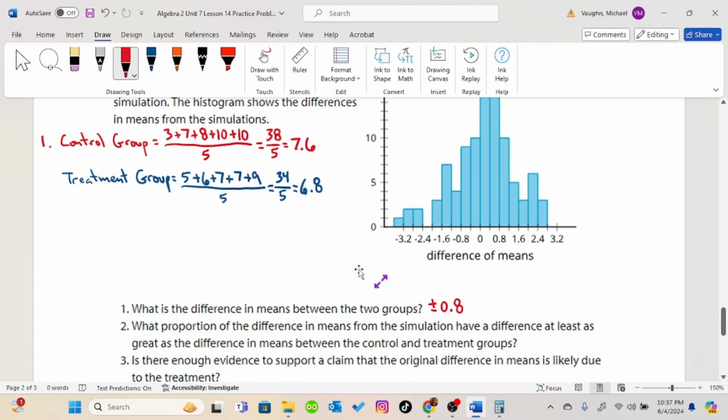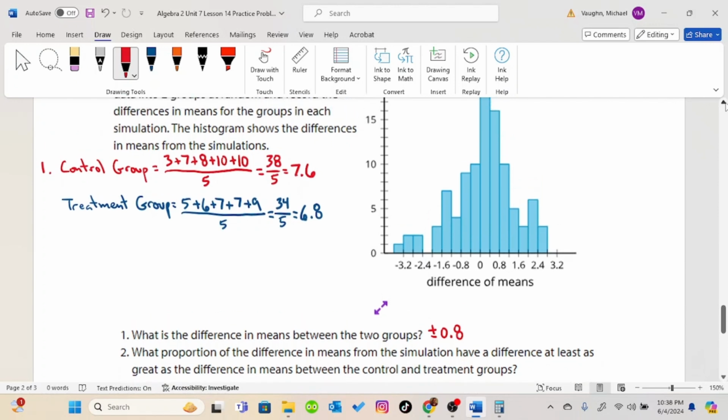Number 2 asks what proportion of the difference in means from the simulation have a difference at least as great as the difference in means between the control and treatment groups.